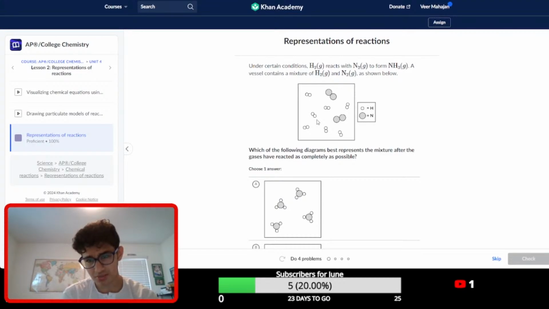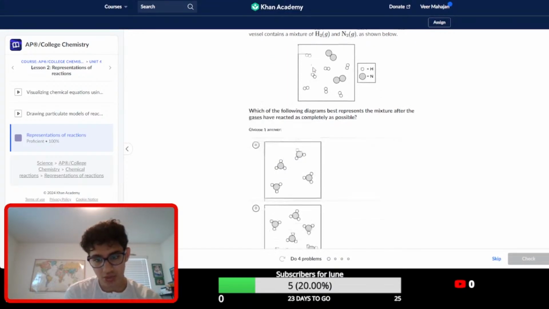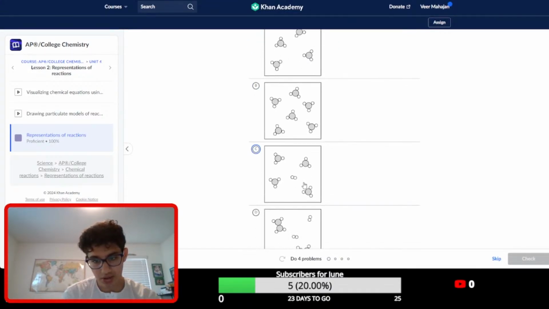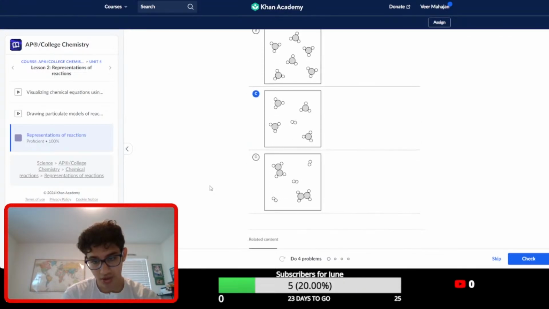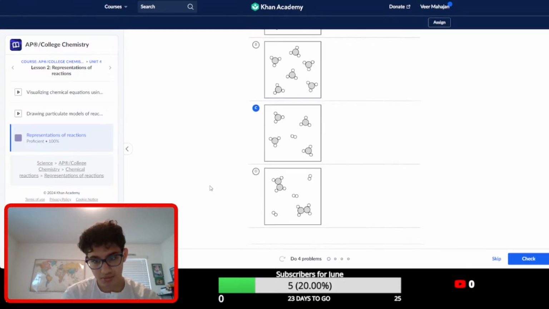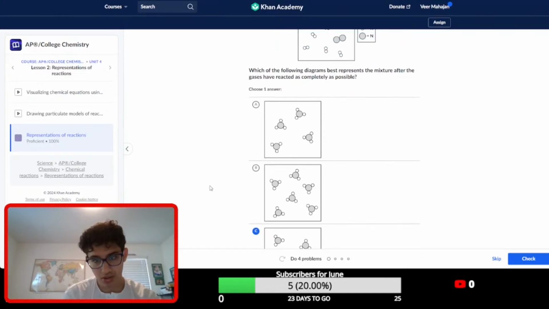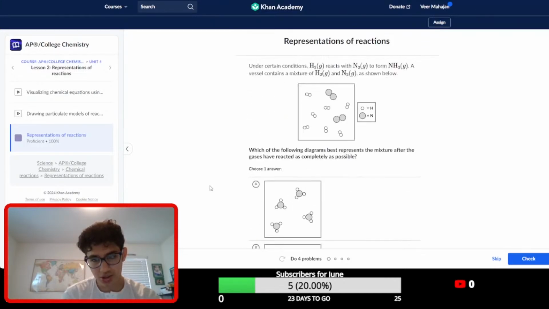So the ratio in moles should be 3 moles of hydrogen to 1 mole of nitrogen, and we do seem to have that, I think. I'm pretty sure we have that. And there's one extra hydrogen. So at the end there should be two extra hydrogens left here. Let's select that for now. The last one is wrong. It should just be that, but I want to just make sure.